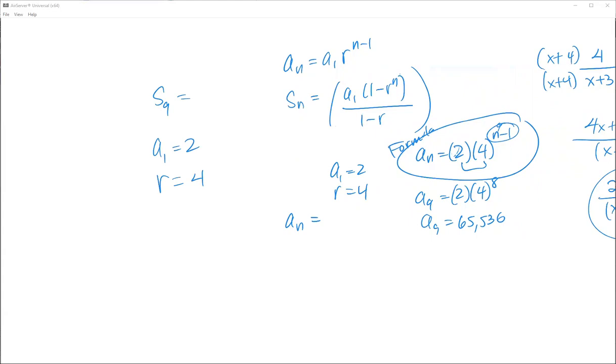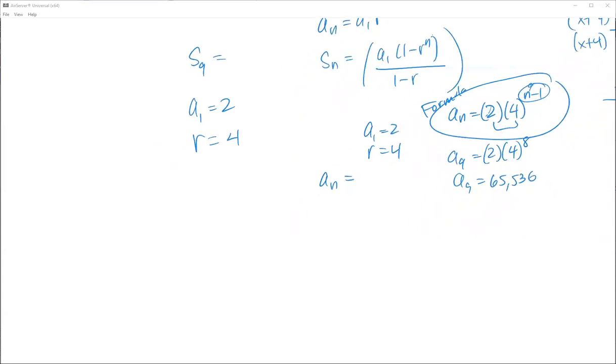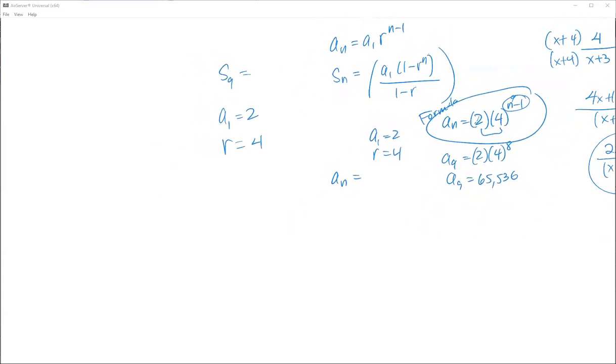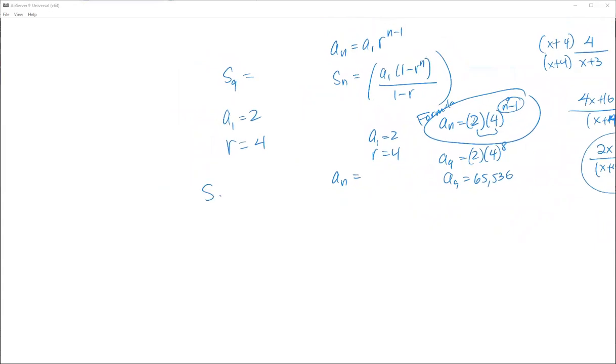So the sum of the first 9 terms of the sequence is 2, and then 1 minus 4 to the nth power, that's 9, all over 1 minus 4.